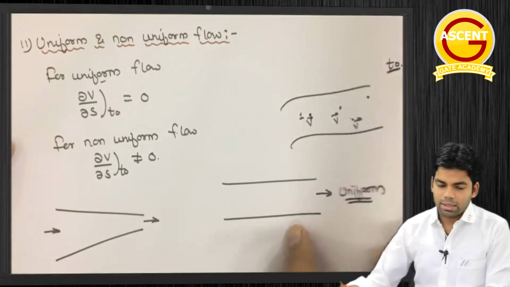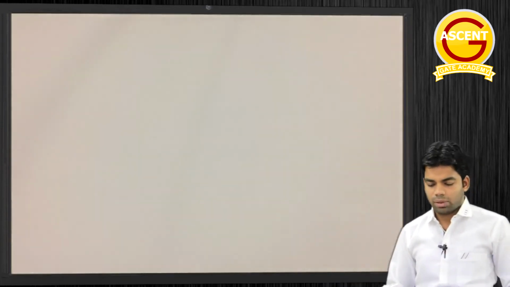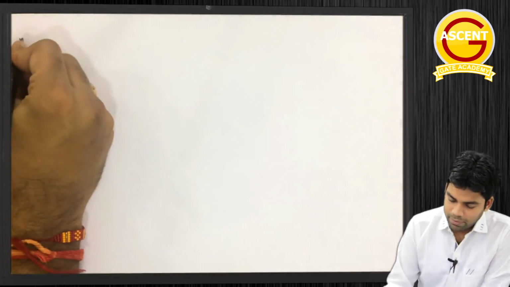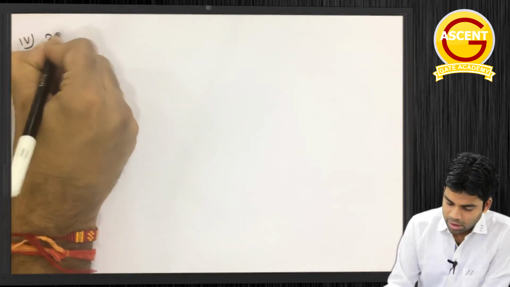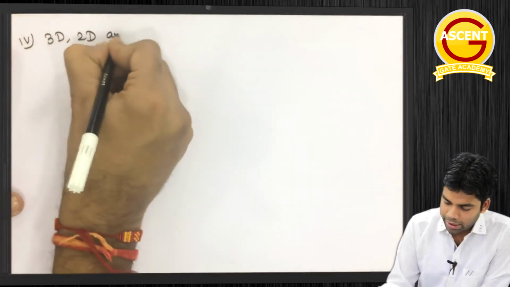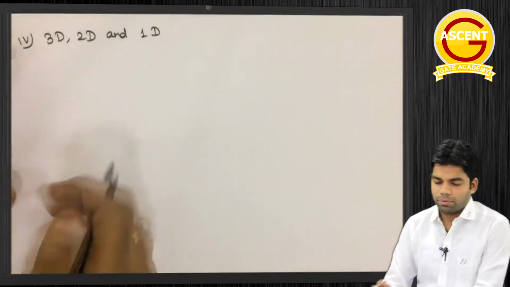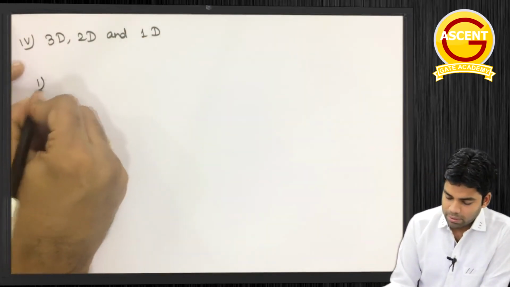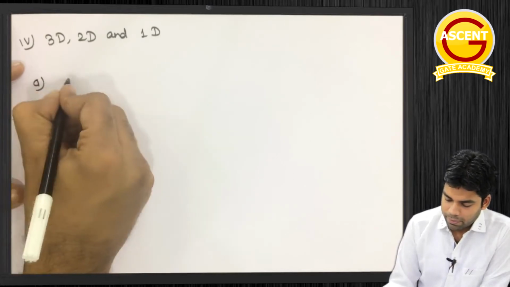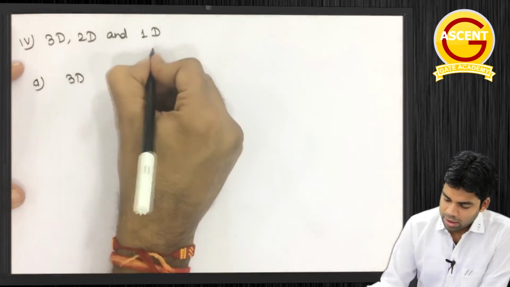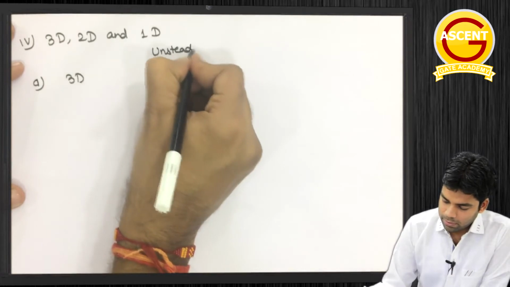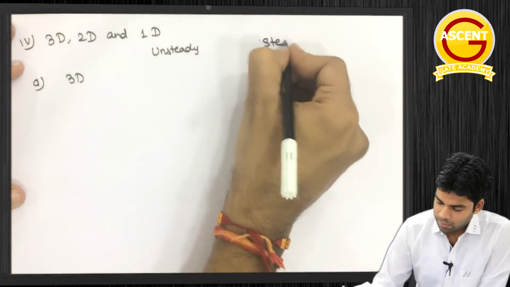Okay, next is 3D, 2D and 1D flow. The next type of classification is 3-dimensional, 2-dimensional and 1-dimensional flow. Now how can we classify this? For unsteady flow and for steady flow.